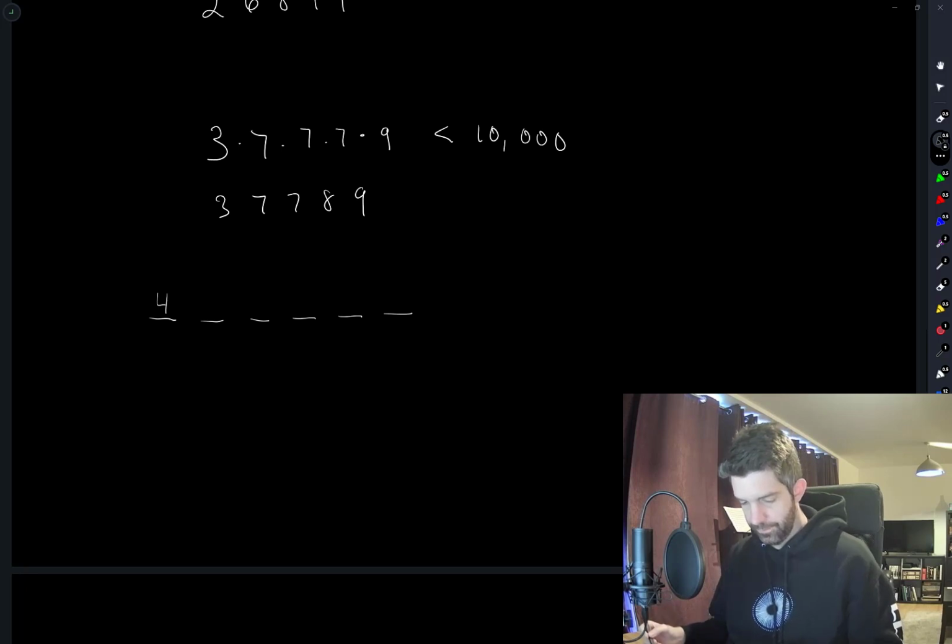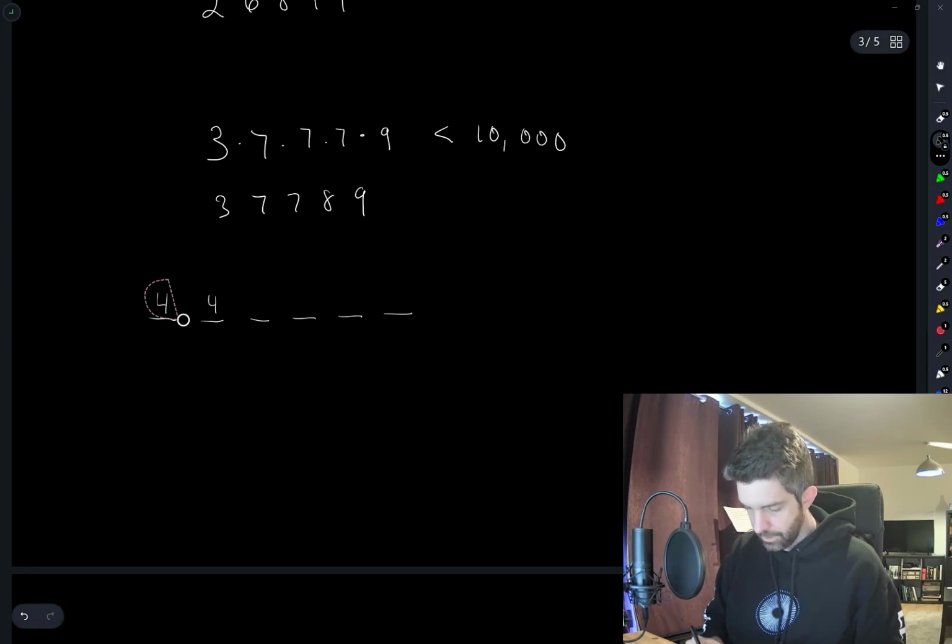Let's try this. Okay, so I can't have a 5 here. I could put a 4, but that would a 44 gets replaced with a 28. So I'm going to put a 3 in the first digit.